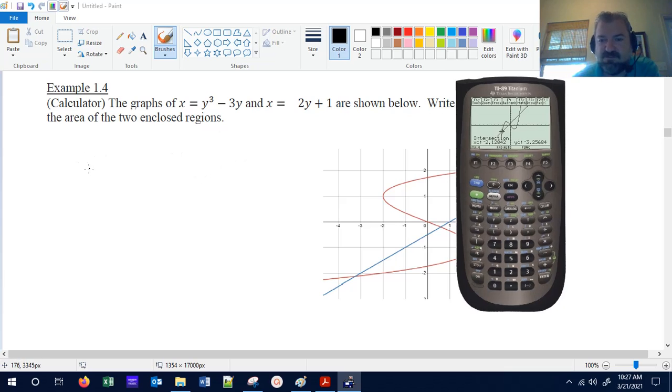Okay, now remember, the negative 2.13 is actually a y coordinate for us, and this is actually our x coordinate. So I'm going to label this negative 3.257 comma negative 2.128.